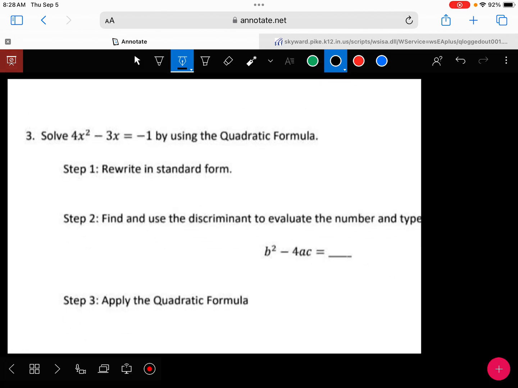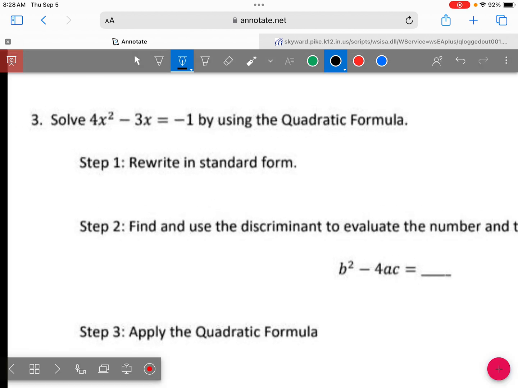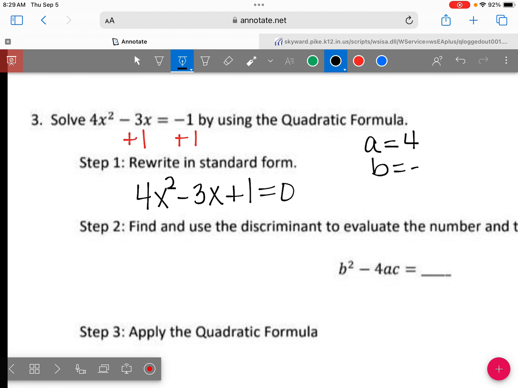Step number 1, number 3, add the 1. When we add the 1, we get 4x squared minus 3x plus 1 equals 0. So that means that A is 4, B is negative 3, and C is positive 1.